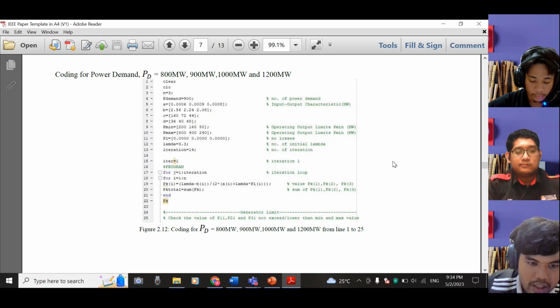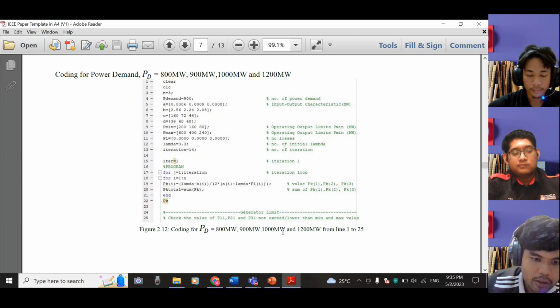Line 70 is about the continuous iteration. At line 19 is the formula to find PK1, PK2, and also PK3. It's a little bit different from the first coding, but the answer that we get is the same.